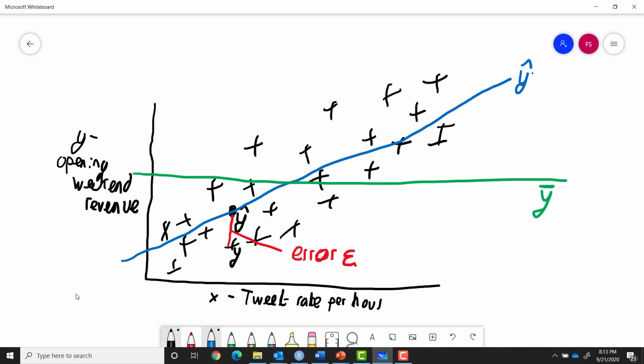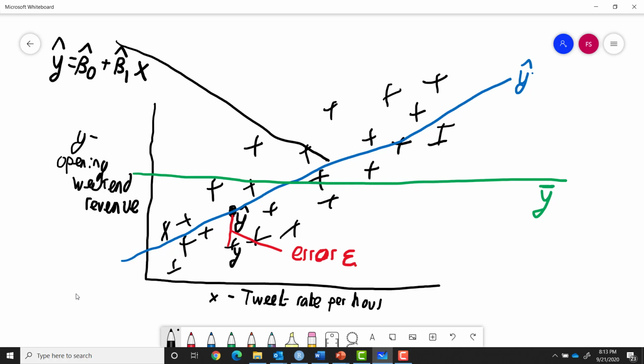Now, the equation of the regression line, I'm just going to put it here, is Y hat, which is my predicted Y, equals beta 0 plus beta 1 times X. Sometimes, for the fitted version, we put hats on the betas as well. This is just saying we've built this model now, and we've created this regression line. Now, what do these mean?